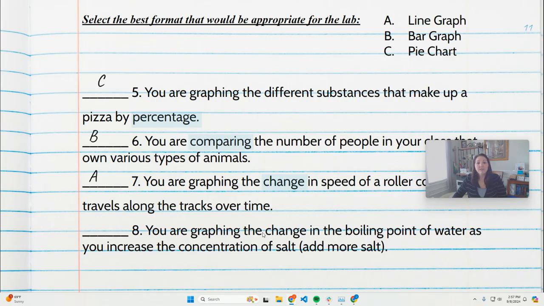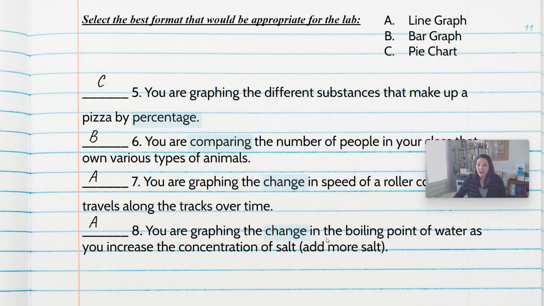Now, this one is interesting because it is a line graph. Even though we're not doing time, we're increasing the concentration of salt. And so that one may be a little bit of a tricky one because time wasn't involved, but when you're graphing change, you always want to use a line graph.